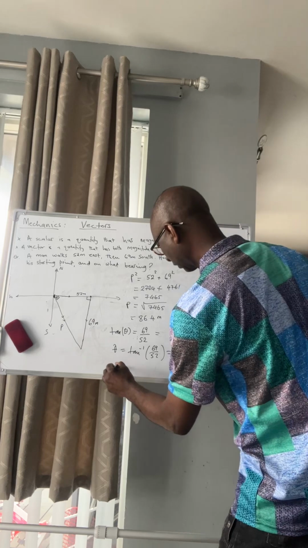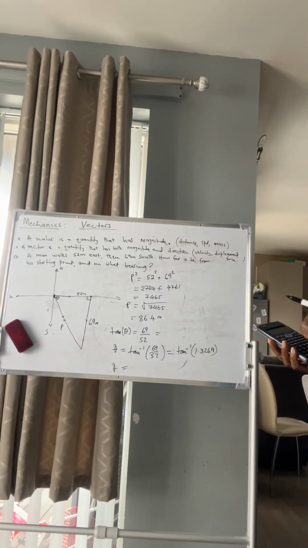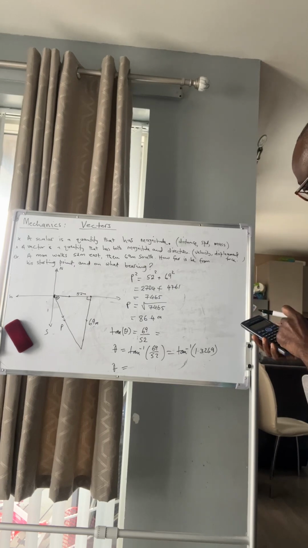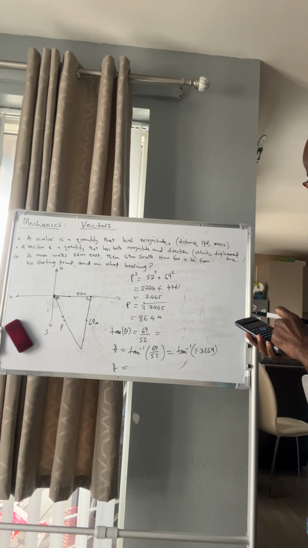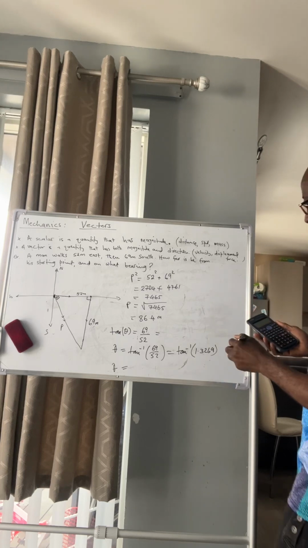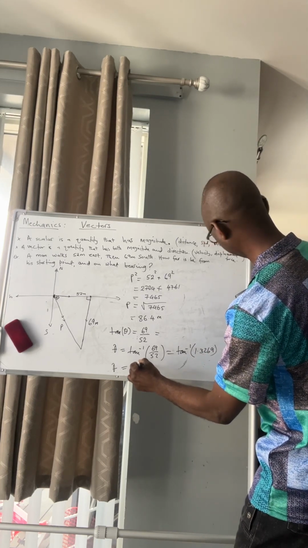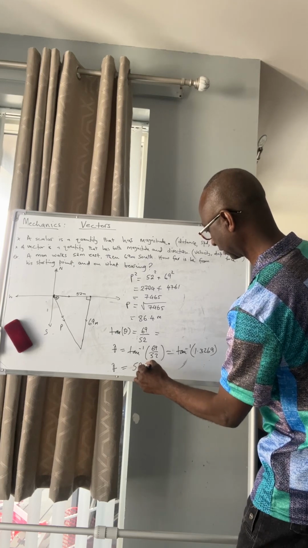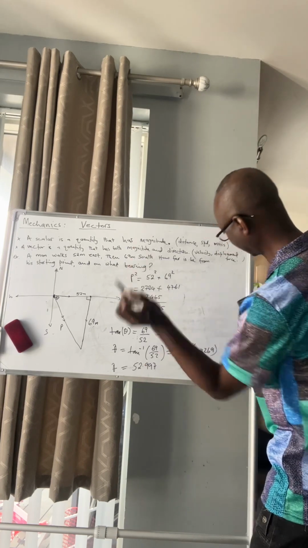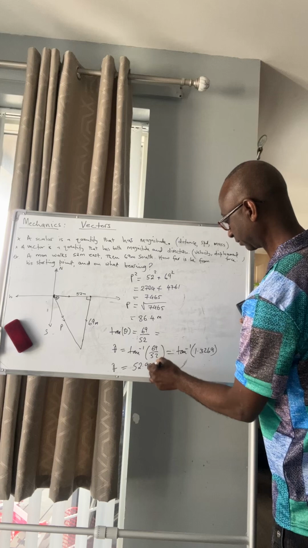Now theta is equal to arctan of 1.3269. We got 52.999997, let's say, degrees.